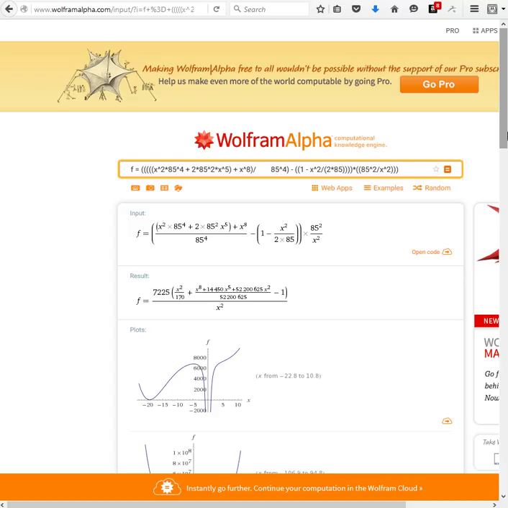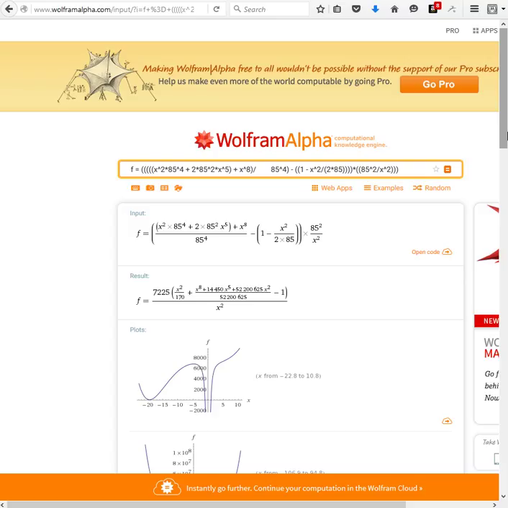But this equation I have here, f equals parentheses, parentheses, parentheses, and so on, x squared times 85. The 85 is the n in this problem. I typed in 85 because it was easy to graph on Wolfram Alpha, but it'll work for all n's.